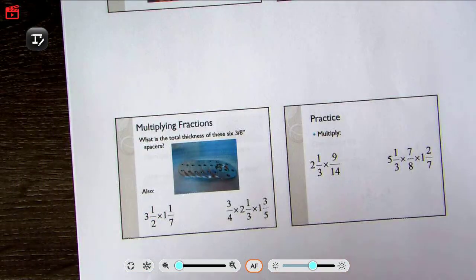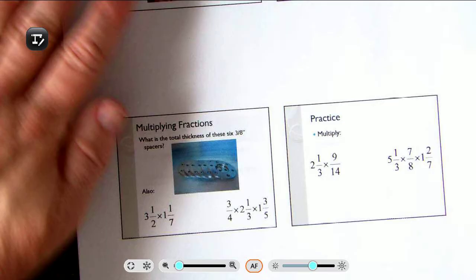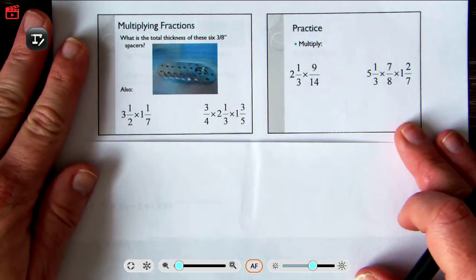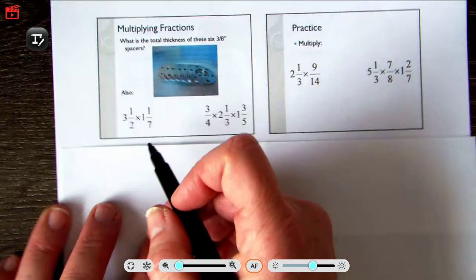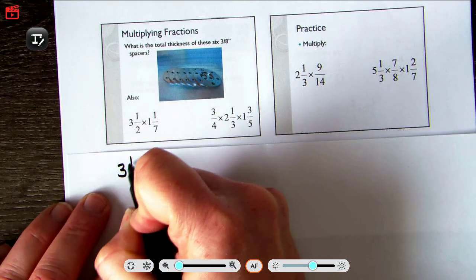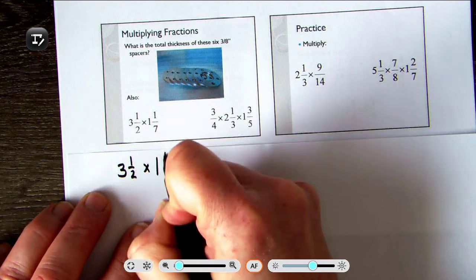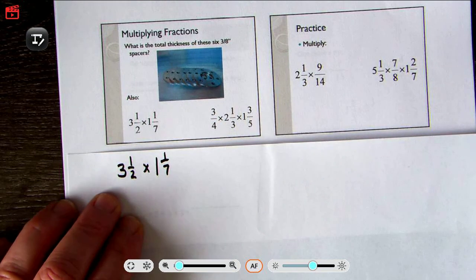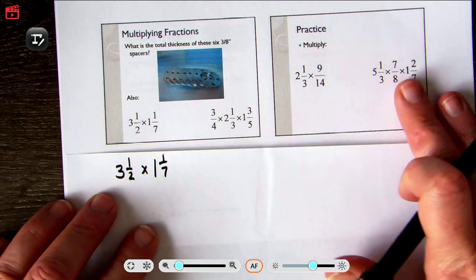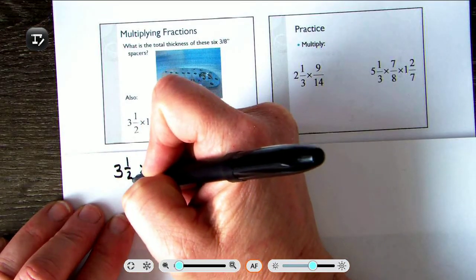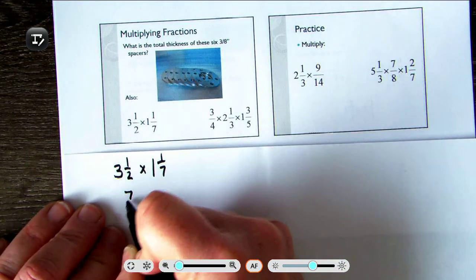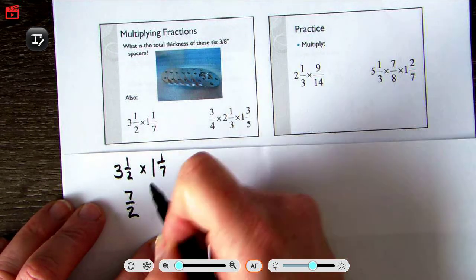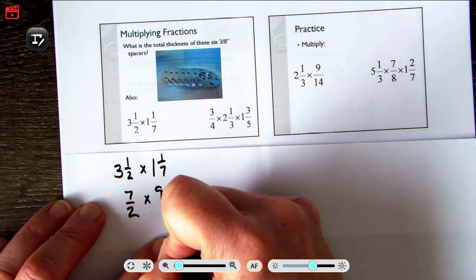All right, so let's do some practice here. I'll just jump around. So my 3 1/2 multiplying by 1 1/7. To multiply mixed numbers, we need to turn them into improper fractions. So 3 times 2 is 6, plus 1 is 7. 1 times 7 is 7, plus 1 is 8.